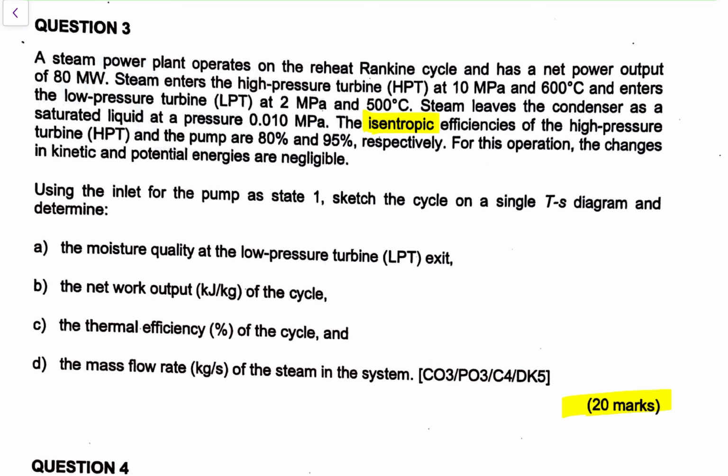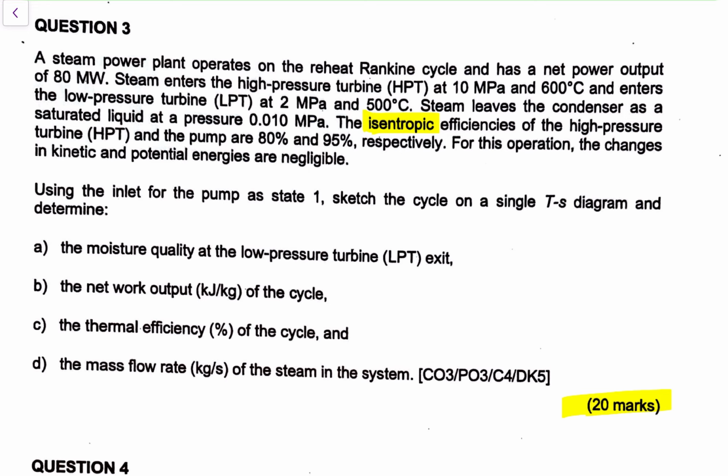The question states that a steam power plant operates on the reheat Rankine cycle and has a net power output of 80 megawatt. Steam enters the high pressure turbine (HPT) at 10 megapascal and 600 degrees Celsius and enters the low pressure turbine at 2 megapascal and 500 degrees Celsius.